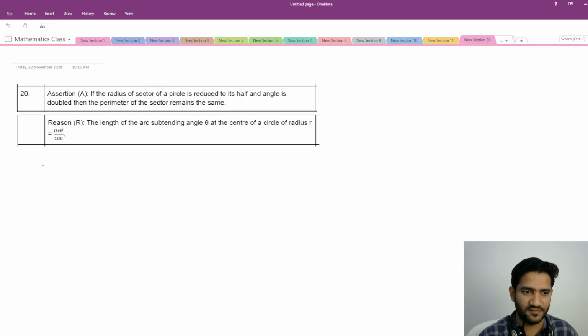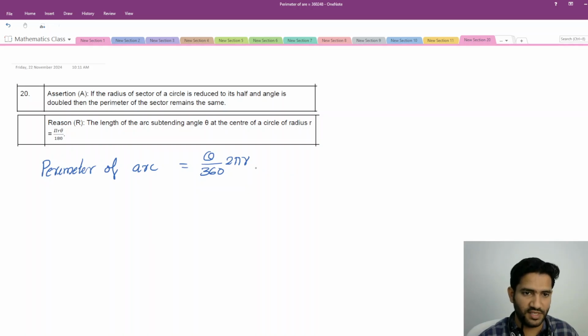The length of an arc is equal to theta by 360 into 2 pi r. This is the length of an arc.